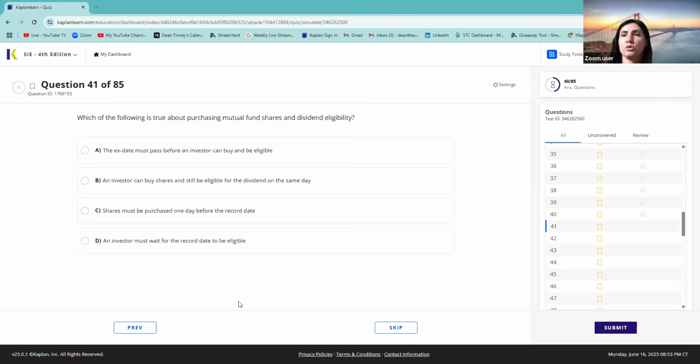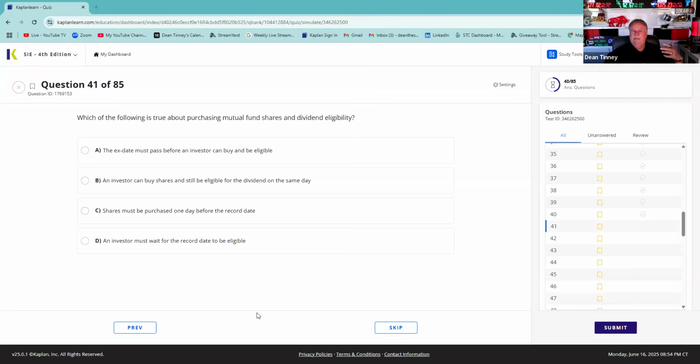An investor must wait for the record day to be eligible. So it will be T+1, right? Well, not an open end, because remember it's in the primary market. So in an open-end mutual fund, the ex day is the day after the record. They're asking when can you get the dividend? So that's what they mean by dividend eligibility.